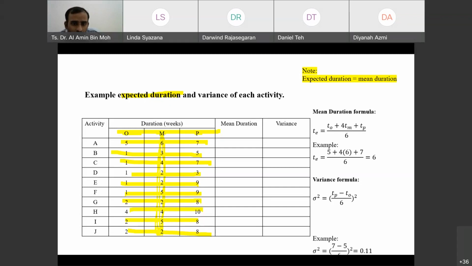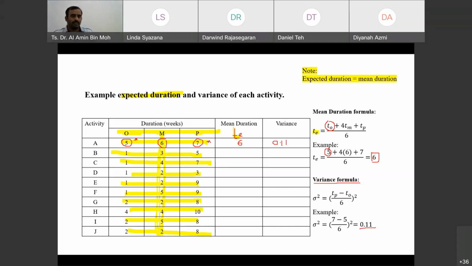As we know, the largest minus the smallest, or the pessimistic minus optimistic: 7 minus 5, divided by 6, and you square. So you're going to get 0.11.